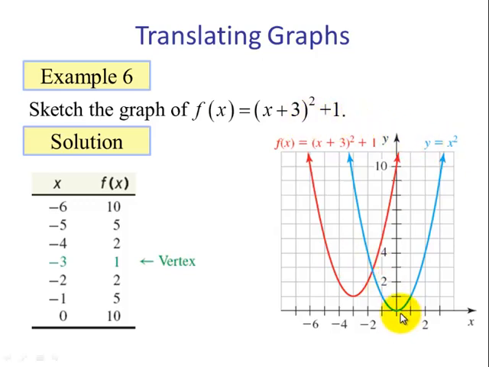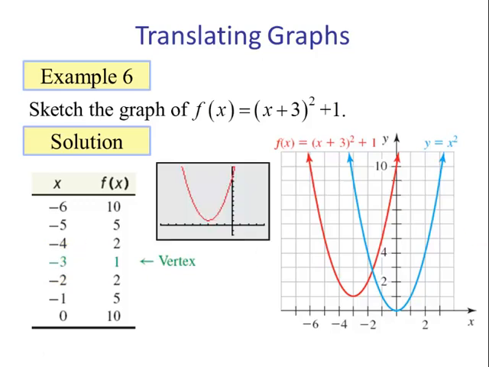But h is a negative 3, so it's going to go 3 units to the left. And k is a positive 1, so now our new vertex is at negative 3, 1. This is verified by the table of values here. Using a graphing calculator, we see the red graph matches the red graph.